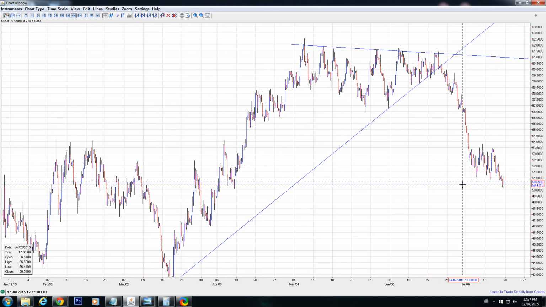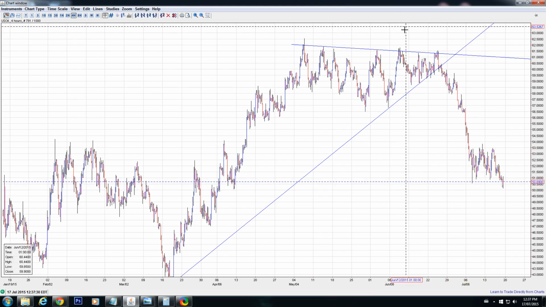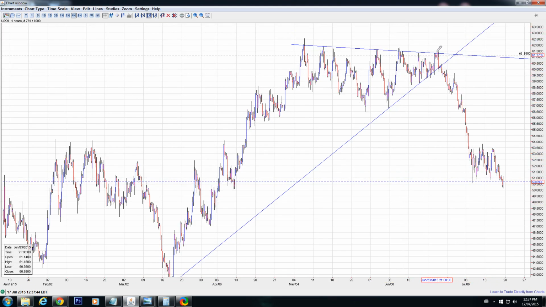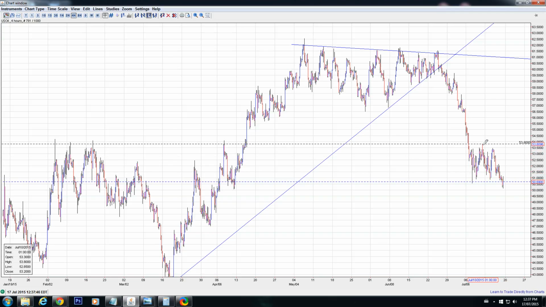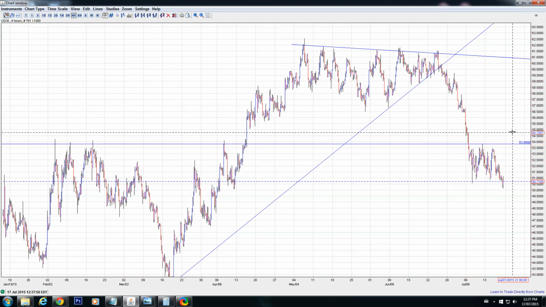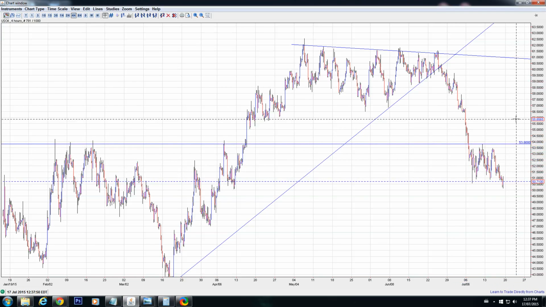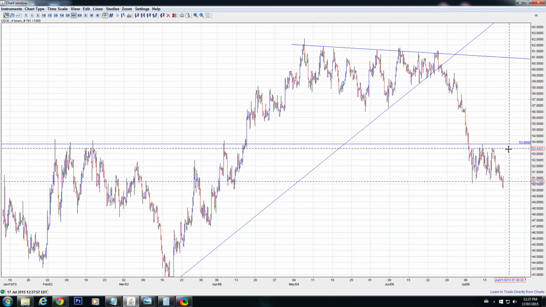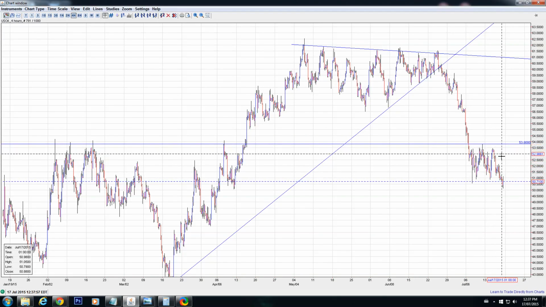Now, what will we do from here? Well, what we would do from here is we would move our stop loss from up here and move it down here. So now, if the price goes back up and hits that, then we will be out. Some people may not feel comfortable with that, like that's a long distance.